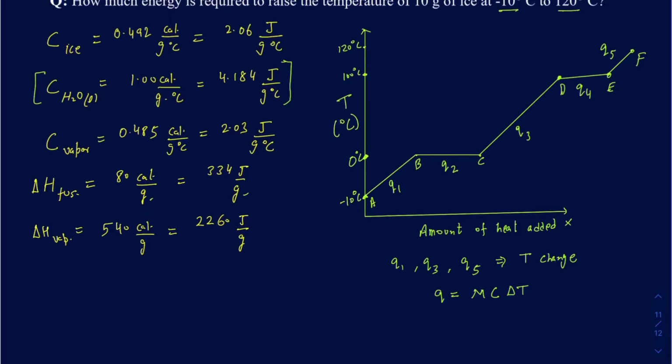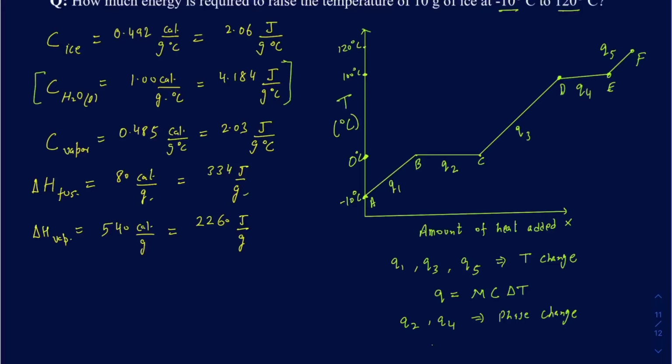Now, whenever there is a phase change, like for example Q2 and Q4, the temperature does not change. So you really can't use the Q equals MC delta T formula.